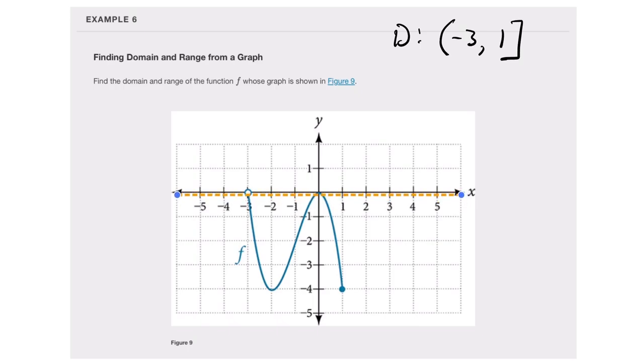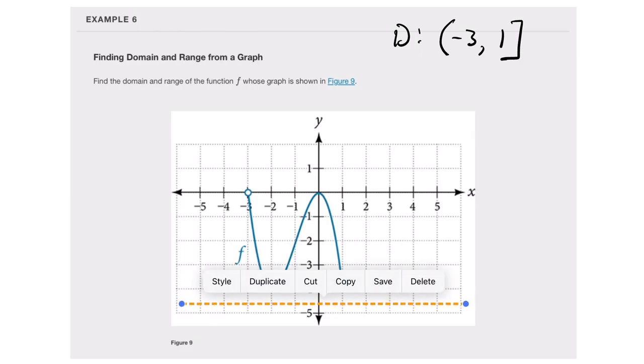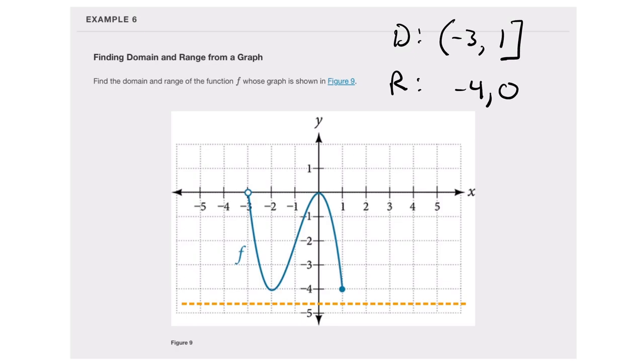The very top looks like it's 0. We actually do reach the -4, so that gets a bracket. And because at the origin it looks like we pass through the origin, we will use a bracket on 0 as well. All right. So the domain is -3 to 1 and the range is -4 to 0.